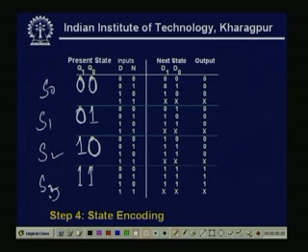So these 4 states are there, and then all possible inputs we have considered. With every initial state, if the machine lies in that particular state and any of the inputs come, then what will be the next state and what will be the output, that we have considered in the state encoding table.